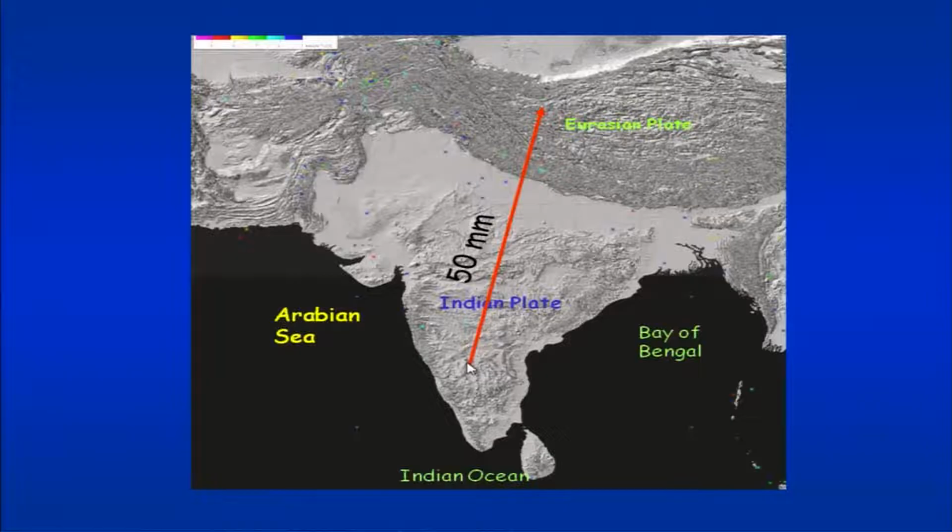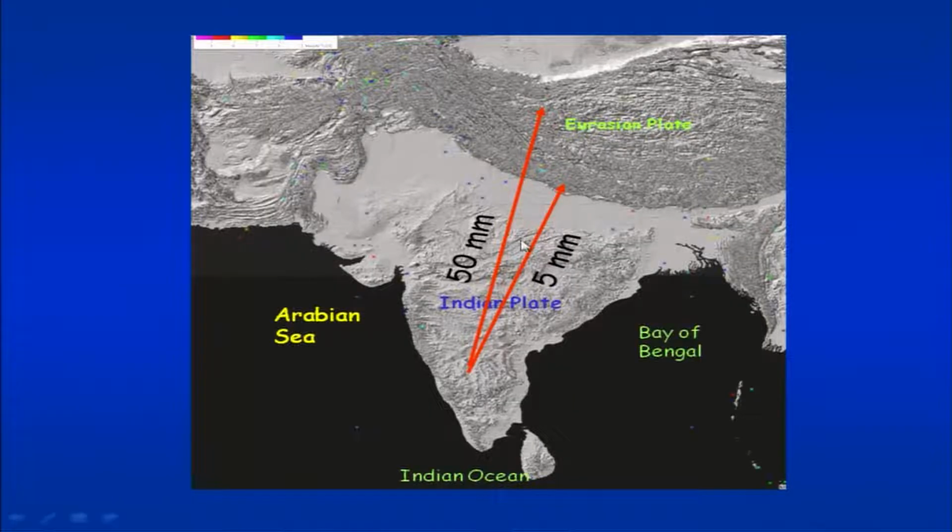So, India is moving towards Eurasia with a velocity of 50 millimeter per year, and out of this, up to the frontal part of the Himalayas, or at the contact of these two plates, the Indian plate and the Eurasian plate, it consumes hardly 5 millimeter per year.